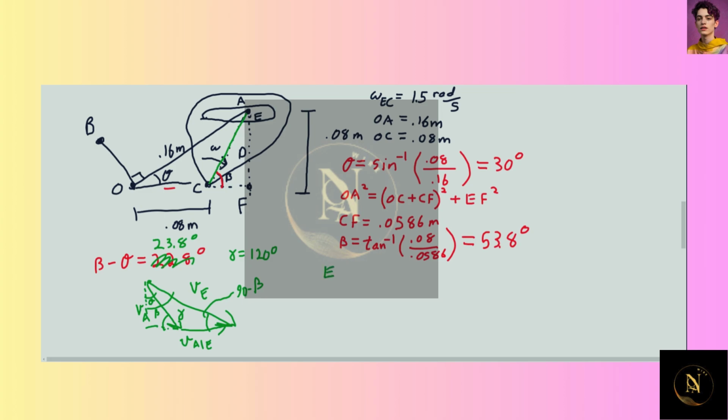So length EC here should be 0.08 meters divided by the sine of beta, which is the 53.8 degrees. And if we put that in, we get about 0.0991 meters.